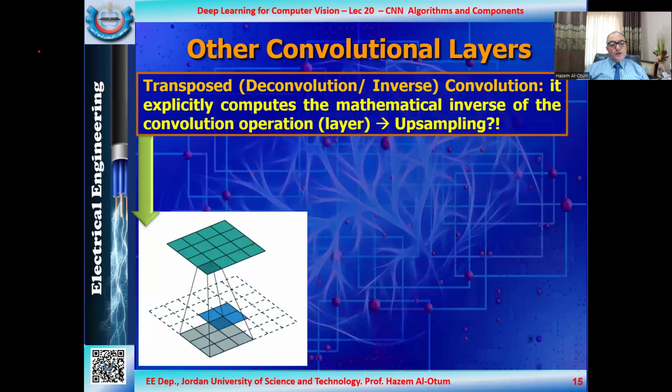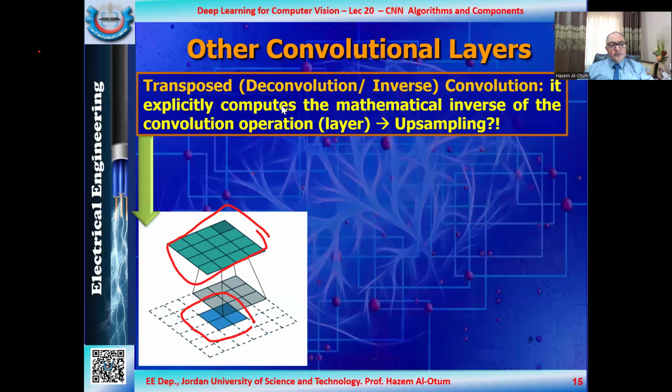Here you see, this is the transpose convolution. If you look at the case here, this is the input and this is the output. So it's the opposite of what was in the previous slides. Here we have zero padding surrounding it in order to get the proper size.